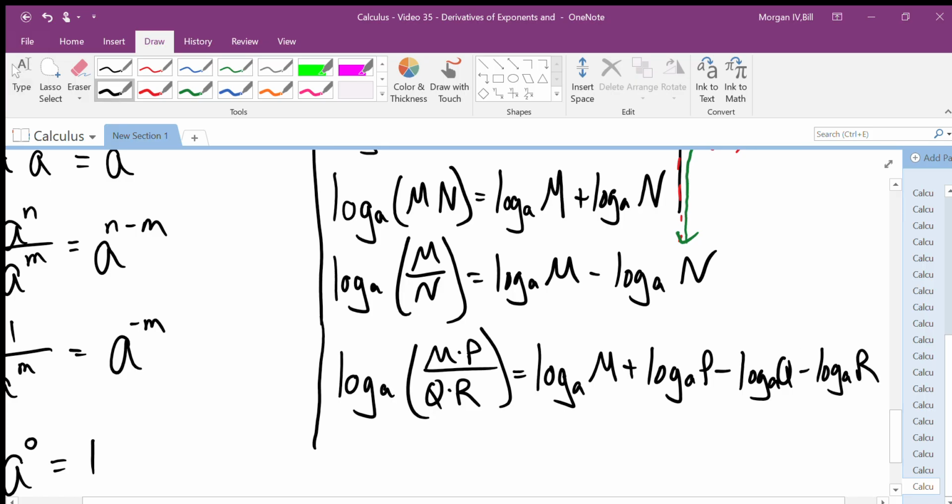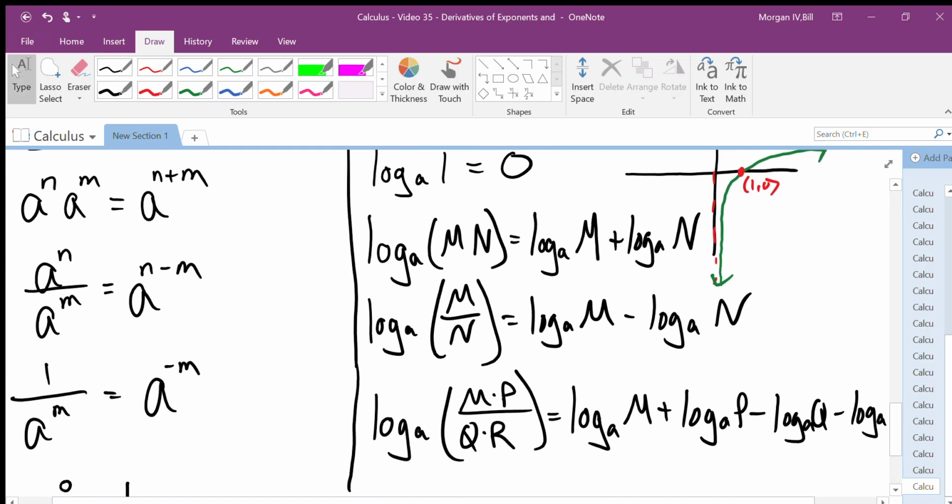So positive log base a of m plus log base a of p minus log base a of q minus log base a of r. Anytime whatever function is in the numerator becomes a positive logarithm, whatever function is in the denominator becomes a negative logarithm. Okay, that was property number 4.